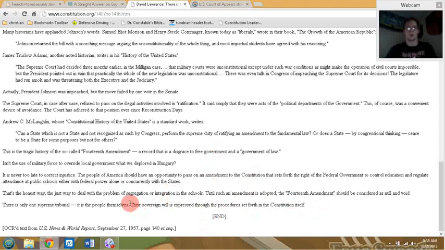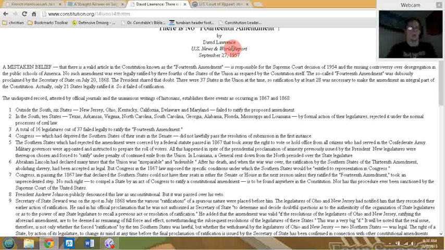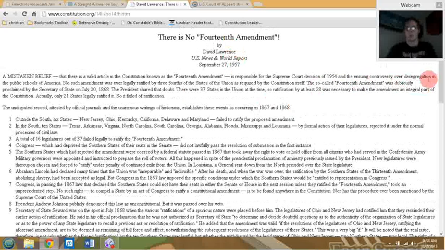Now, this is probably in response to Plessy versus Ferguson, as it's set up here, I believe. Okay, I'm not against desegregation. I'm for it 100%. My main point is talking about the history of the 14th Amendment.